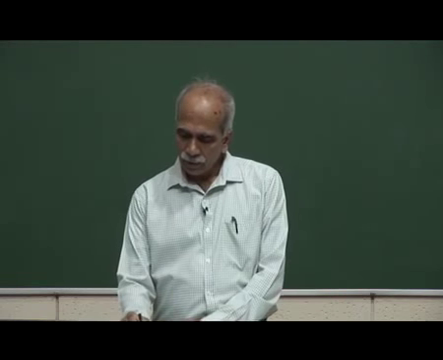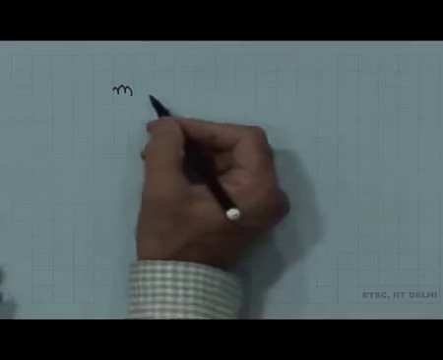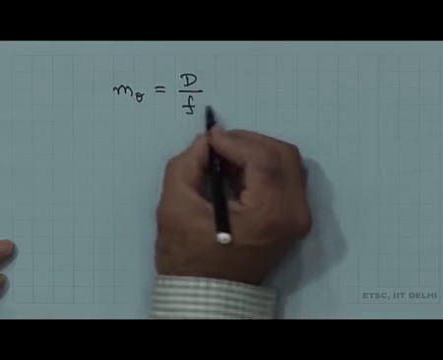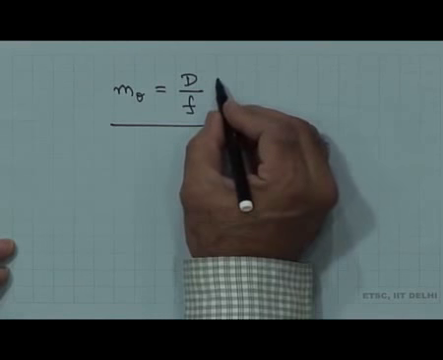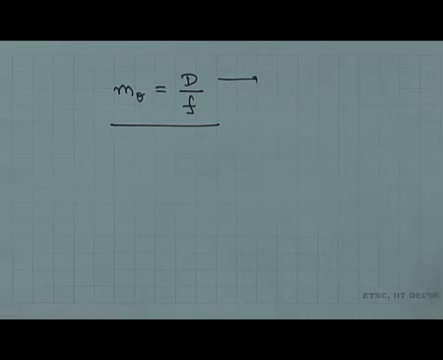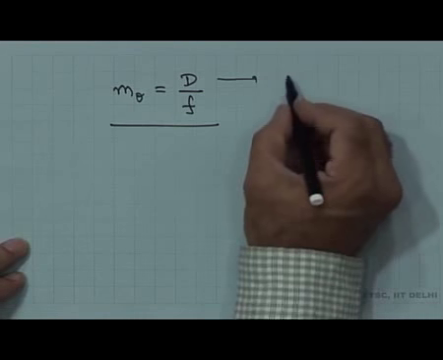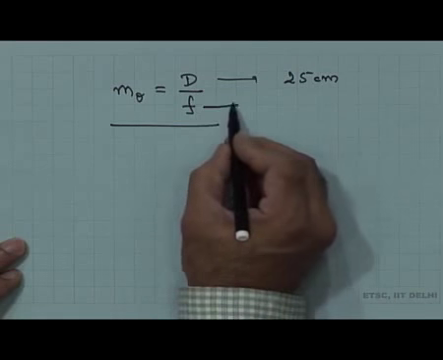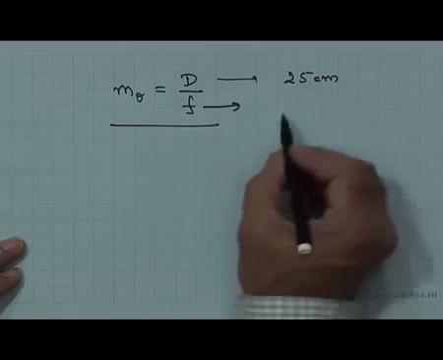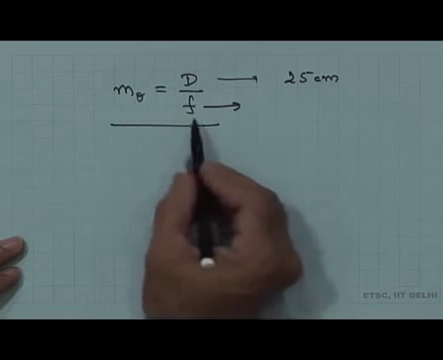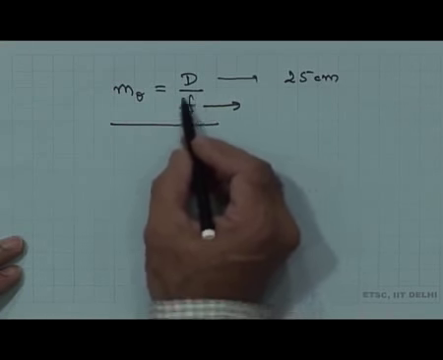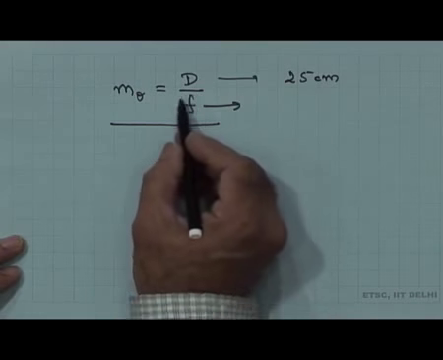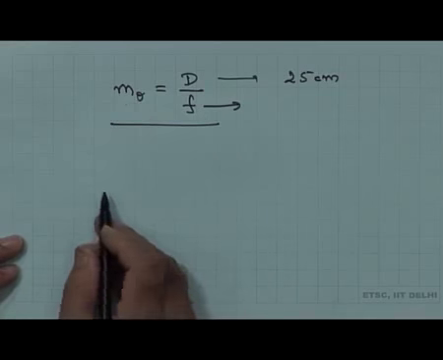So, we have the angular magnification m theta is equal to d by f. For normal vision, d is approximately equal to 25 centimeters. Of course, the angular magnification will be larger if the focal length is smaller, because d is fixed at about 25 centimeters.